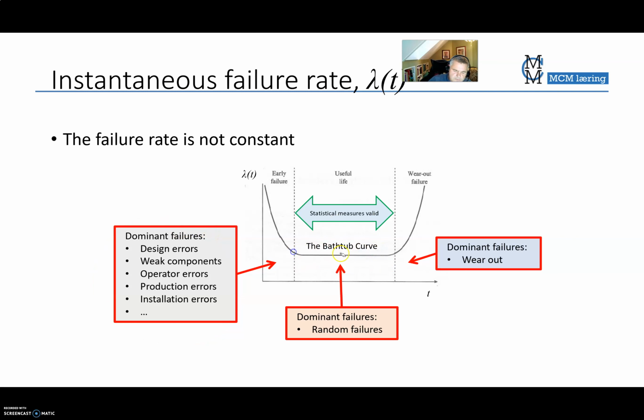So for critical systems, like for example a valve in a subsea control system in the petroleum business, you would actually run a lot of tests in order to get rid of this part of the curve, and then install the valve hopefully at this point here, where the number of random failures is rather low, and then remove it or change it for a new one at some point around here, well before the wear-out part of the system kicks in.